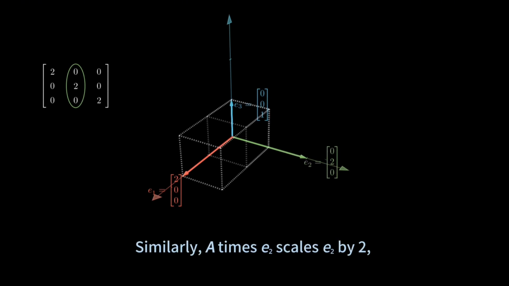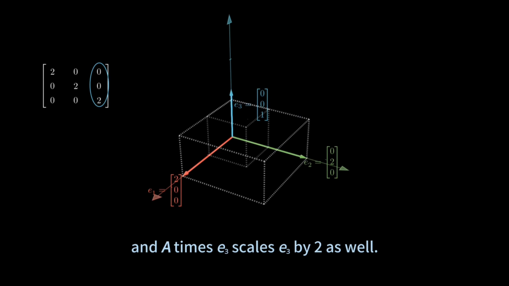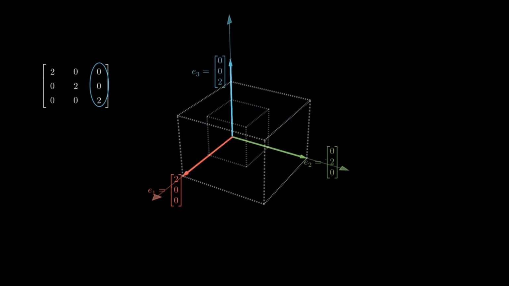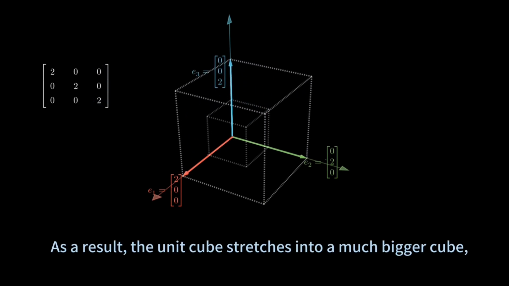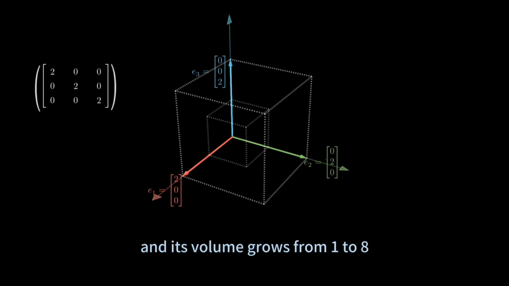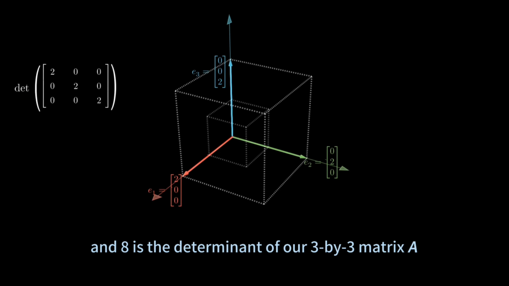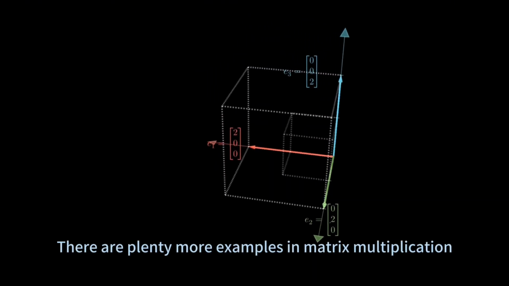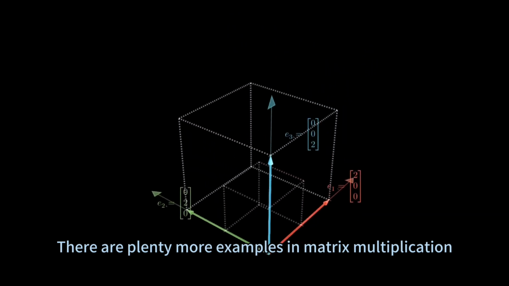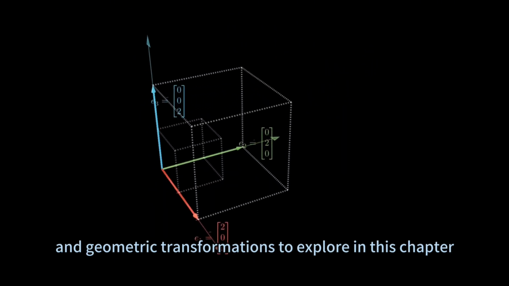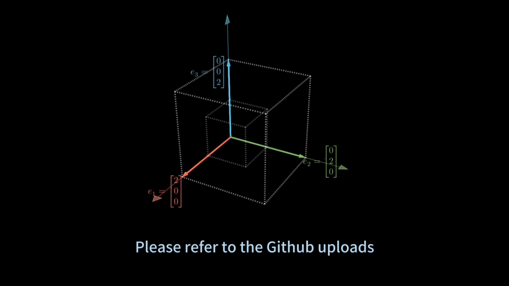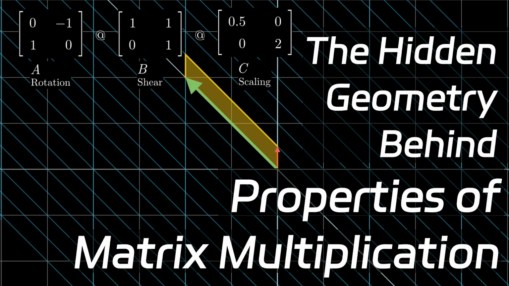Similarly, A times E2 scales E2 by 2, A times E3 scales E3 by 2 as well. As a result, the unit cube stretches into a much bigger cube, and its volume grows from 1 to 8, and 8 is the determinant of our 3 by 3 matrix A. There are plenty more examples of matrix multiplication and geometric transformations to explore in this chapter. Please refer to the GitHub uploads.